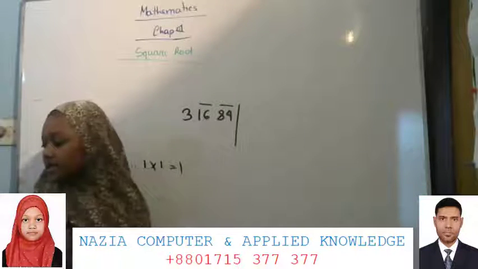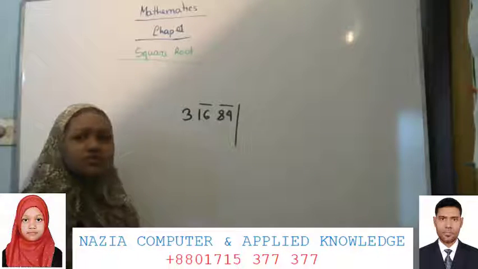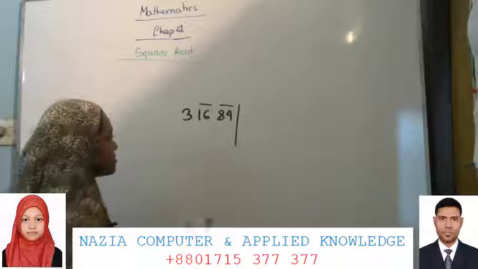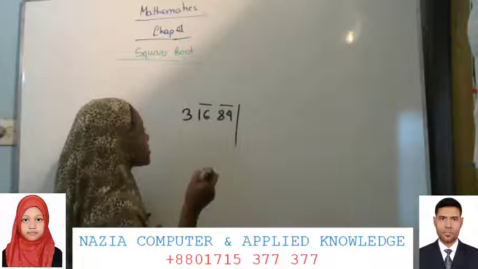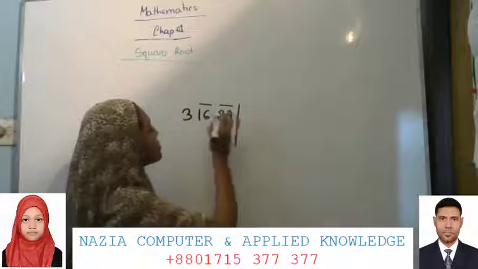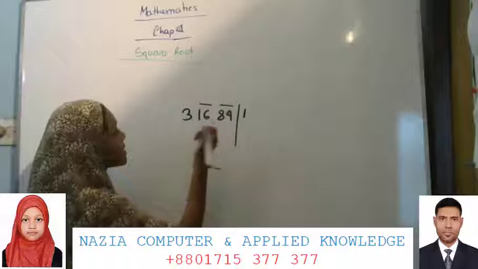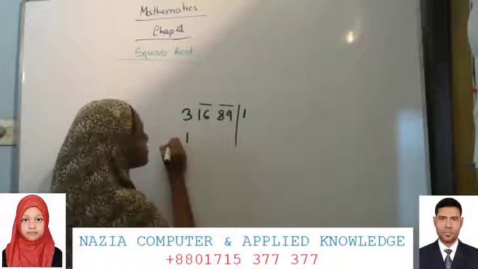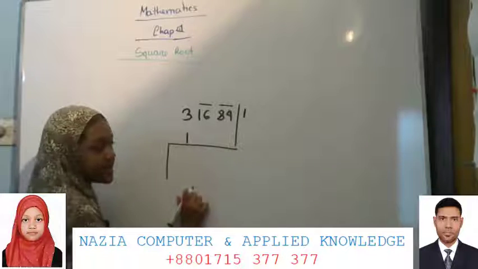So this one can help us, because these numbers have no square root or no square. So we can write 1 here, because 1 ones are 1. Then there will be another line.